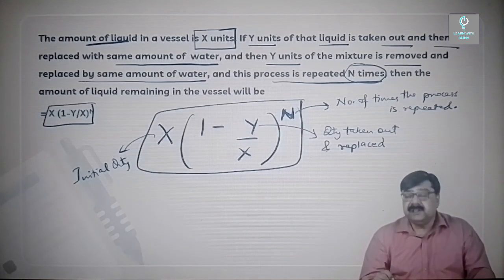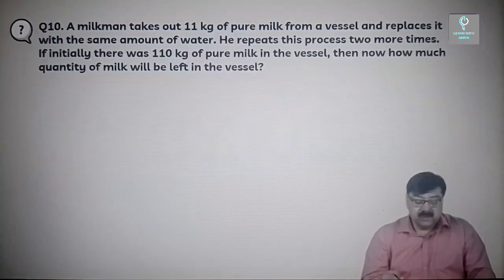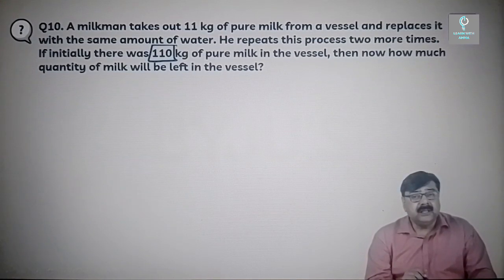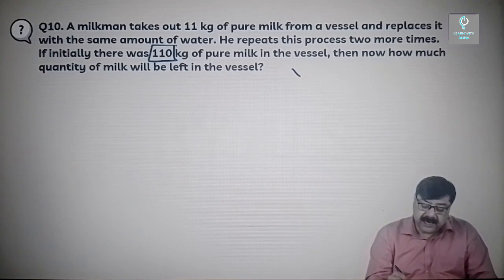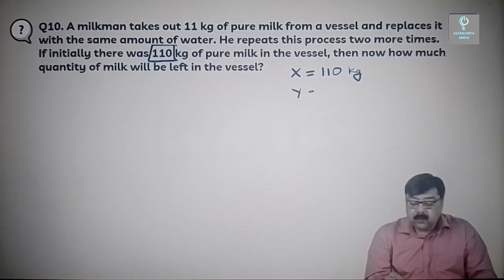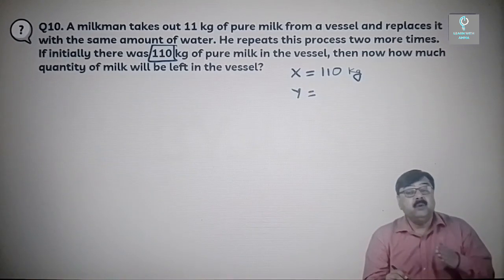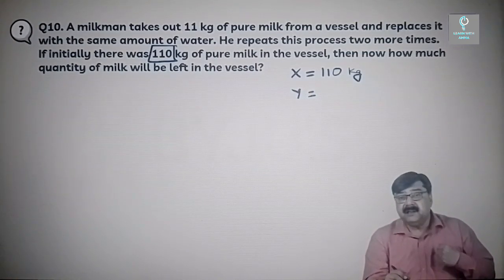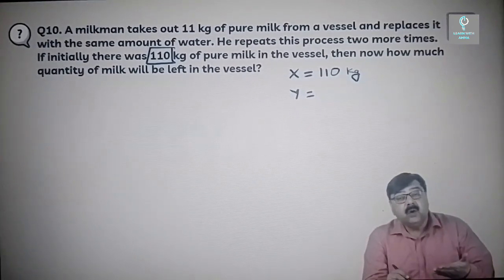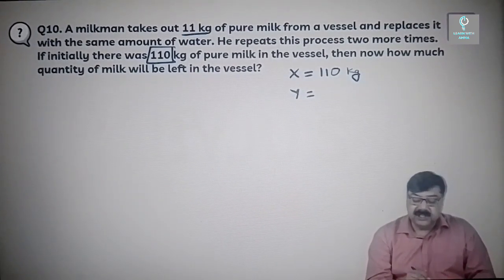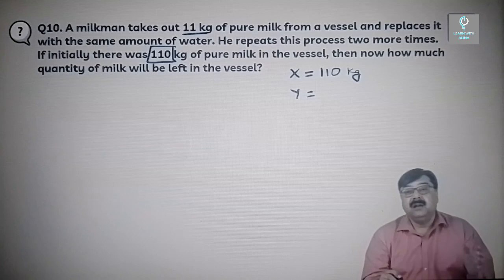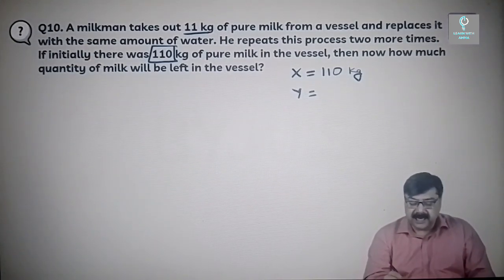Now to the previous question, let us apply this formula. So the total quantity of milk initially in the vessel is given to us as 110 kg. So the value of x here becomes 110 kg. Now y gives you what? The amount of milk taken out of the vessel and then replaced with water. So here 11 kg of pure milk or the mixture is being taken out.